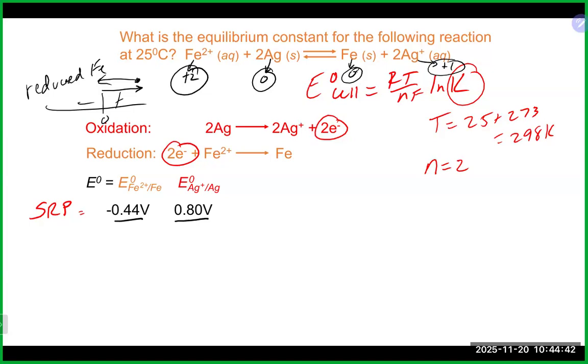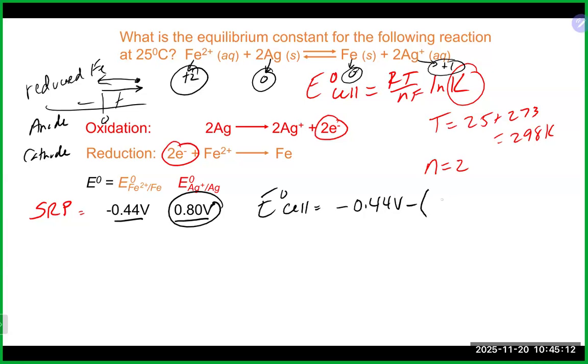And that is different than going by the more positive value here. So again, you don't want to go by the more positive value. You do have to look at the equation. And that would be here that this guy is our cathode because he is being reduced in the equation. And this is our anode, which once again is opposite of the more positive that we have here from the SRP table. That means correctly here, our E of our cell should be our cathode, which is our iron, which is negative 0.44 volts, minus our anode, which again, I'm subtracting, so it's going to change the sign for me.